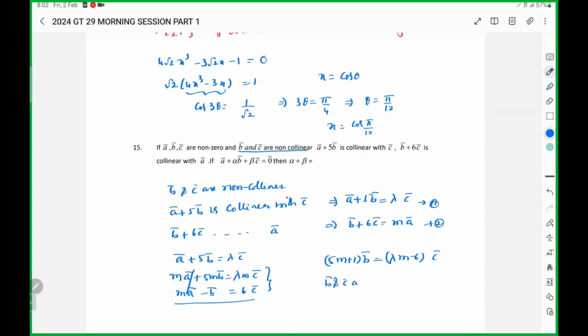Since B and C are non-collinear, each coefficient must be 0. Lambda is 6 by m, minus 30.